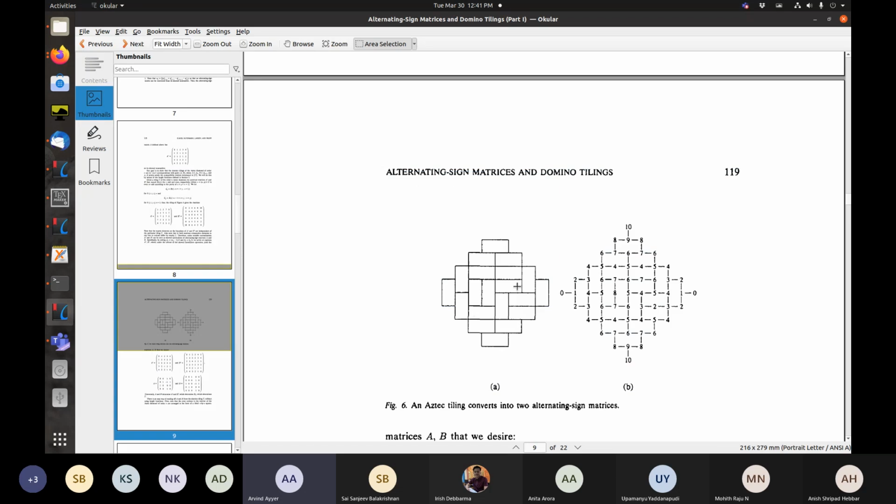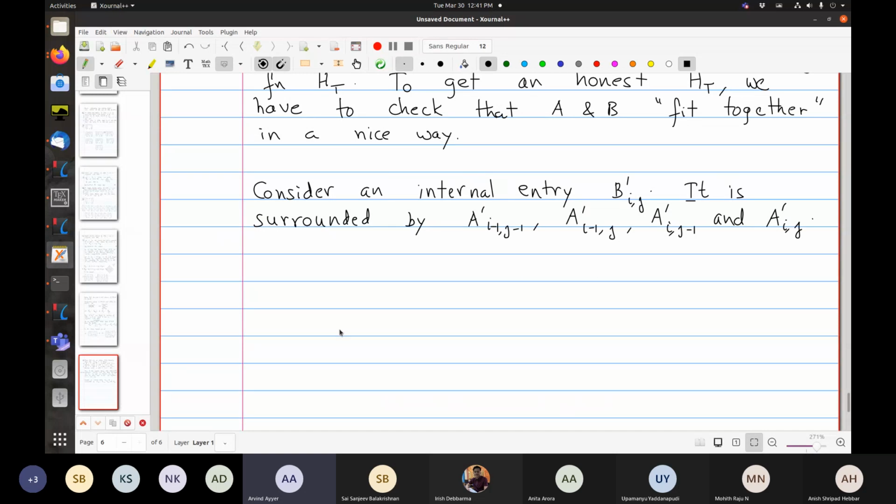Right. So you look at an internal entry here, let's say this 6. It's surrounded by 4 entries. If this is the ijth entry, this is the ijth entry of A. And so this is i minus 1 j, i j minus 1, and i minus 1 j minus 1. Okay.